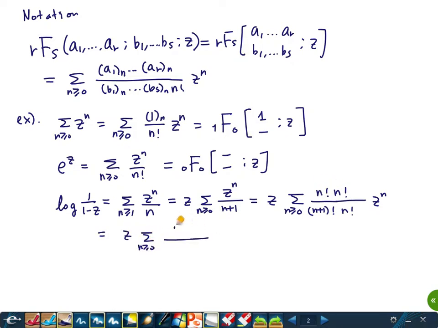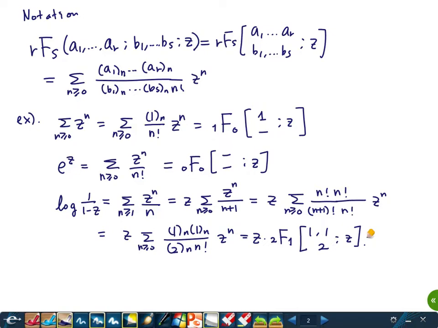n factorial is (1)_n. Here (1)_n. What is n plus 1 factorial? Can you write this as a Pochhammer symbol? It's going to be (2)_n, right? Because 2 times 3 times dot dot dot n plus 1 is (2)_n. This turns into this, and now n factorial. So now this is z times 2F1, we have 1, 1 on the top, 2 below, z.